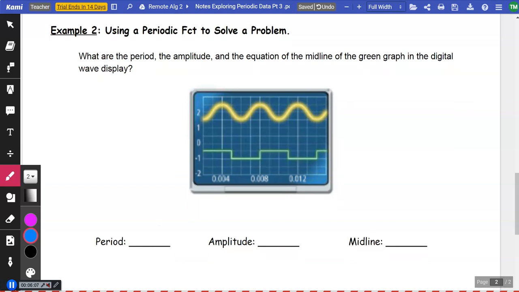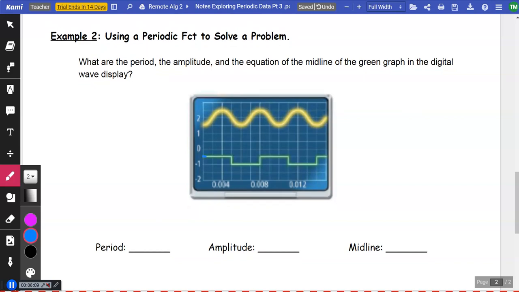All right, so this time we're looking at the second graph, and you should have found your period, amplitude, and midline. So let's walk through this together. To find my period, we need to first identify a cycle. Remember, whenever we identify a cycle, we want to start and end with the same y value.